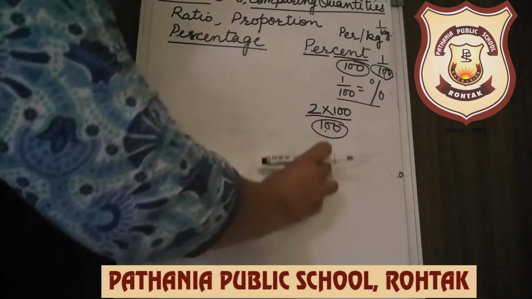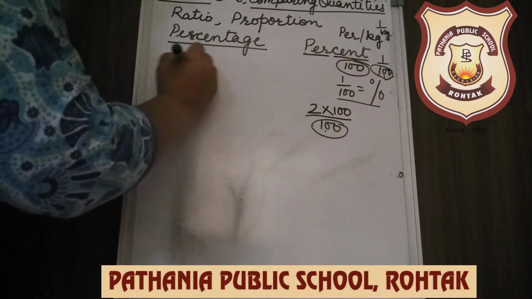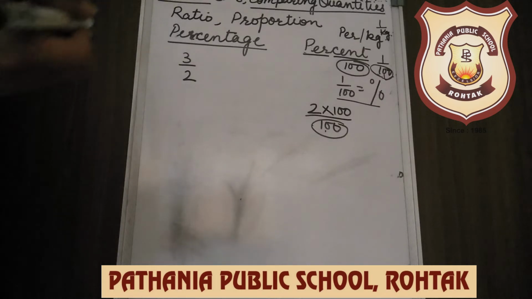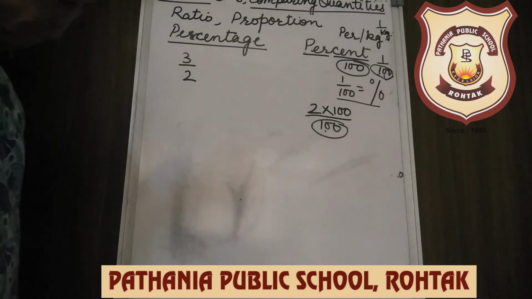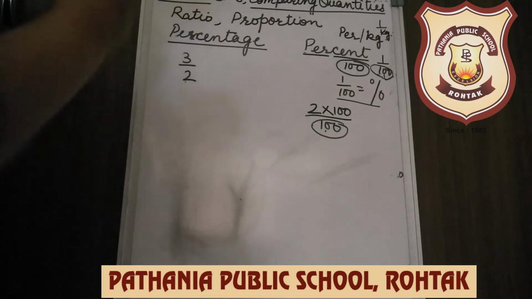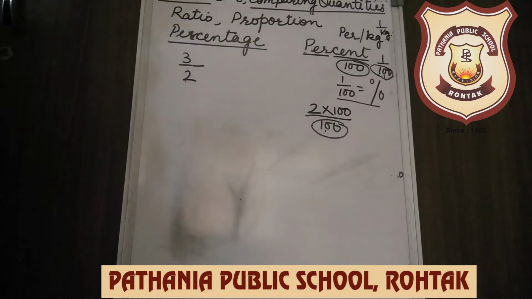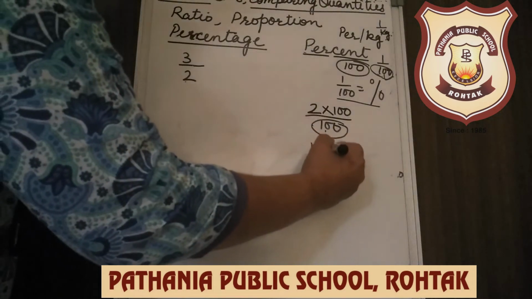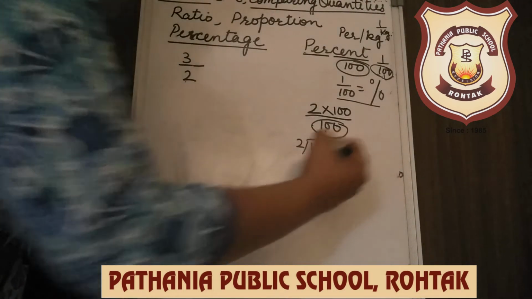Now if the number is, suppose I give you 3 upon 2, a fractional number, and you have to write this into percentage, then what will you do? I need 100 in the denominator. So what will I do? I will divide 100 by 2. What I am getting? My quotient is 50.